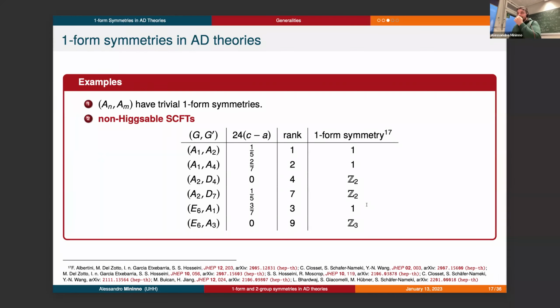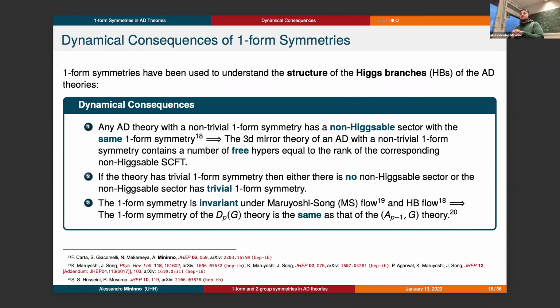So this is the idea. Once you have found that the one-form symmetry is inside the non-Higgsable sector of the Argyres-Douglas theory, then one can use this one-form symmetry to understand the structure of the Higgs branches for the Argyres-Douglas theory.